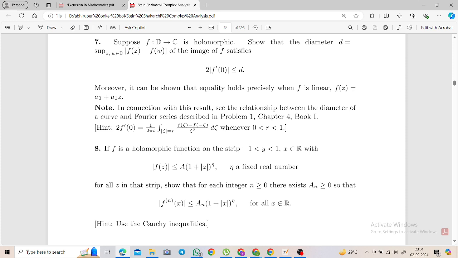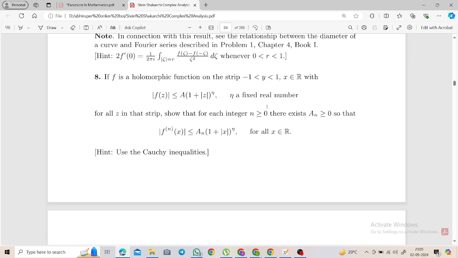That is still a work in progress. I couldn't have time to go through this. So let's do 8. These problems are the hardest by some margin.